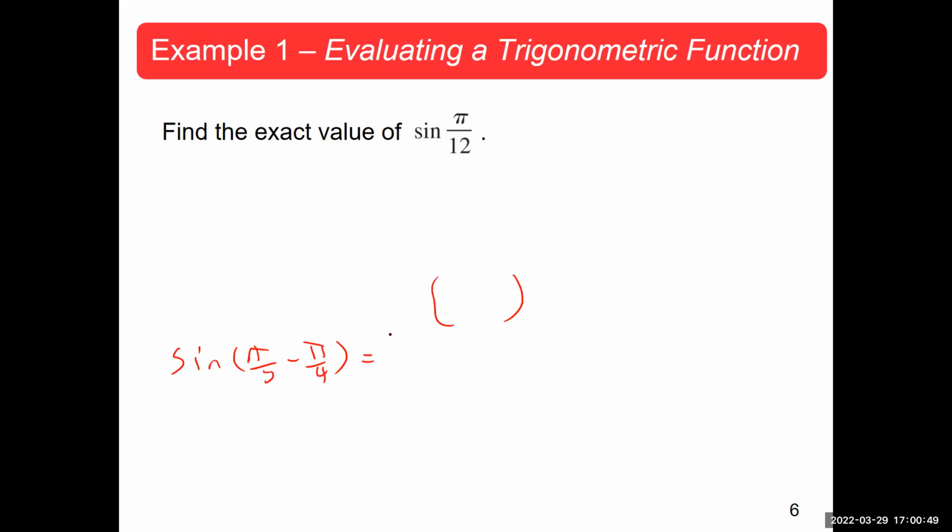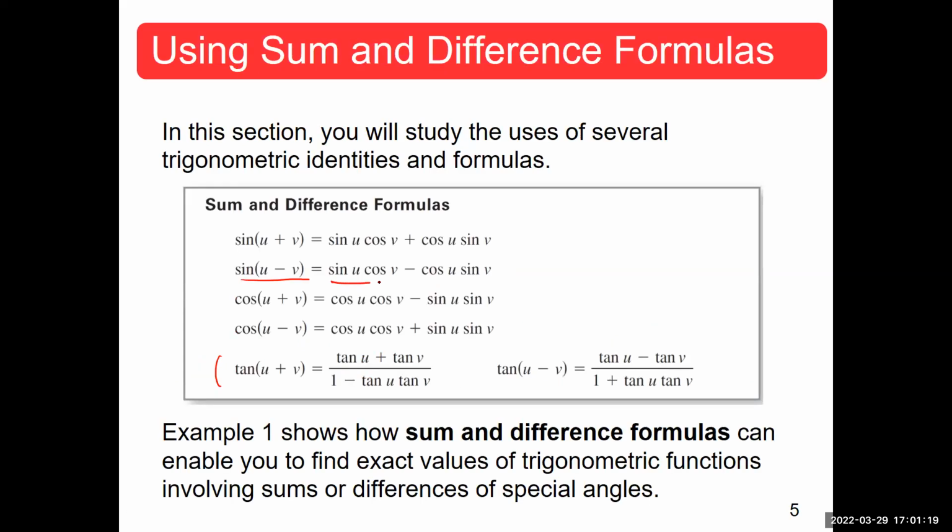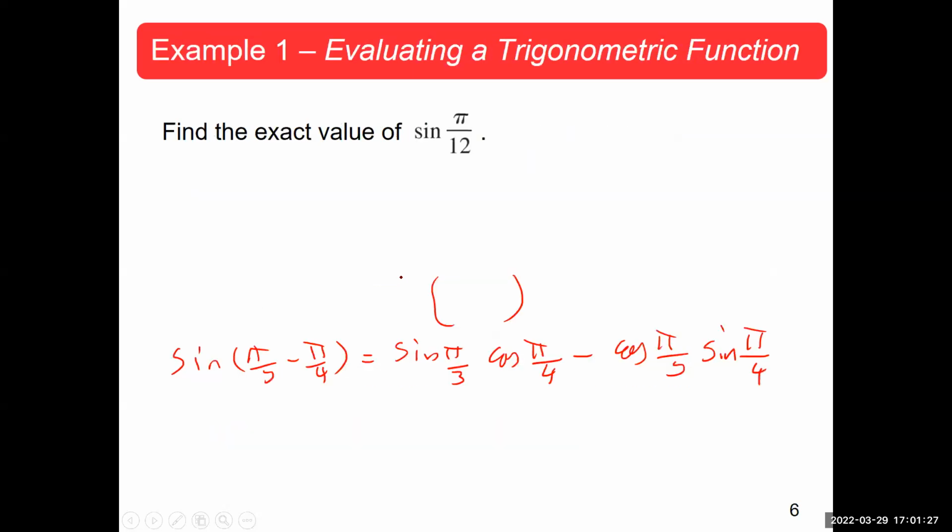So that should be sine of pi over 3 multiplied by cosine pi over 4, minus cosine pi over 3 multiplied by sine of pi over 4. Where did I get this from? That's the formula we just looked at, sine cosine minus cosine sine. That's what I used. Just straightforward application.